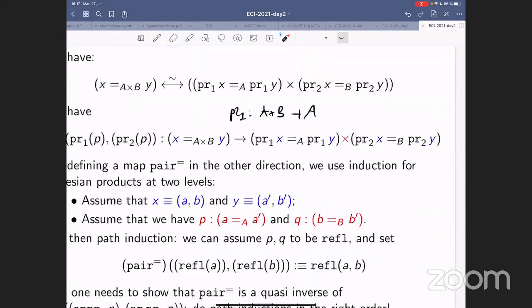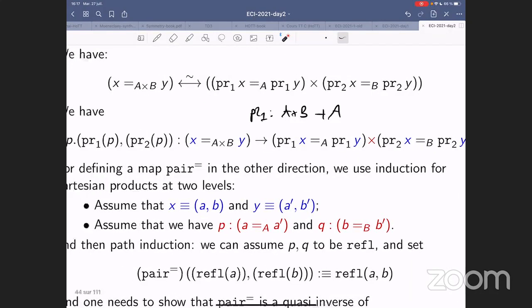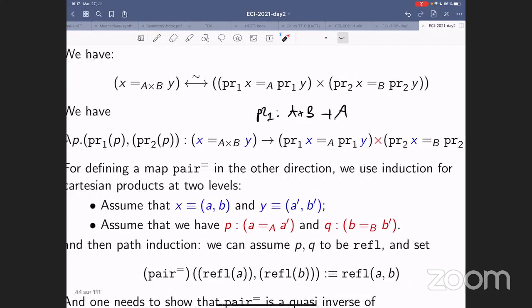Here I have blue and red code. The blue code involves X and Y, which are both elements of A times B.